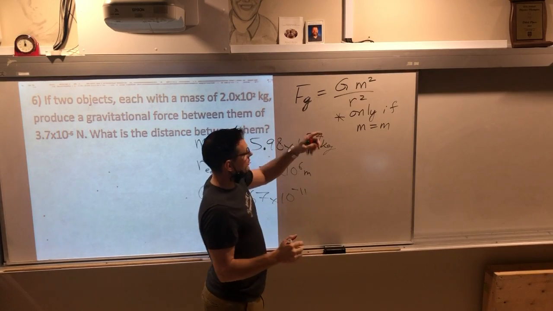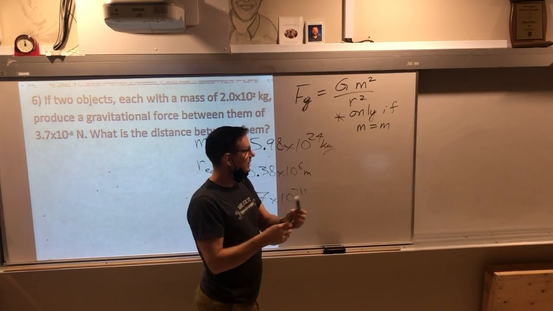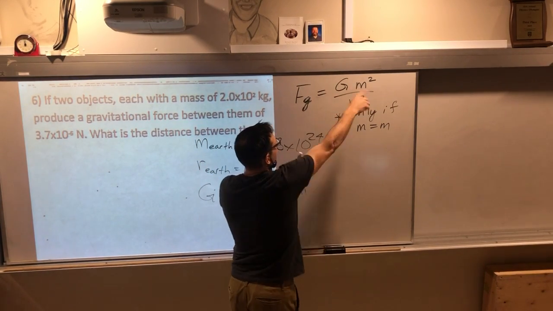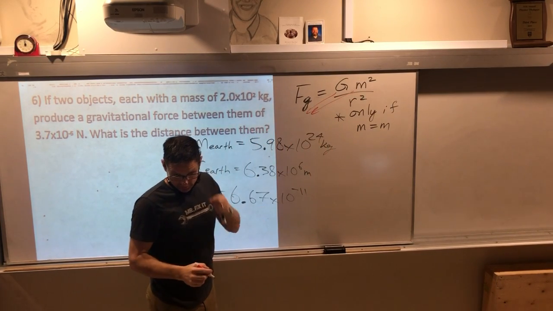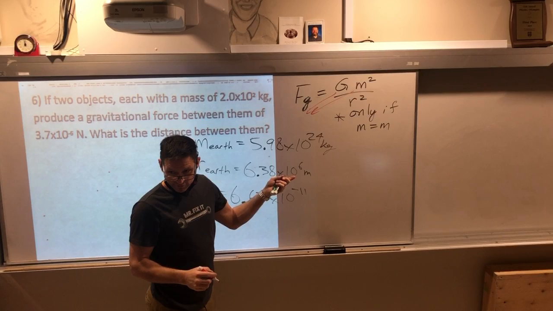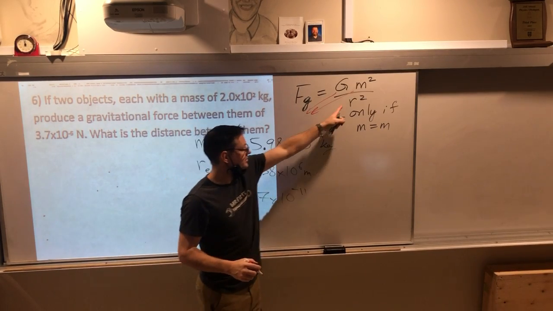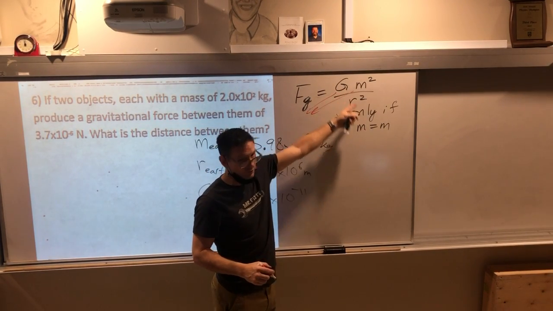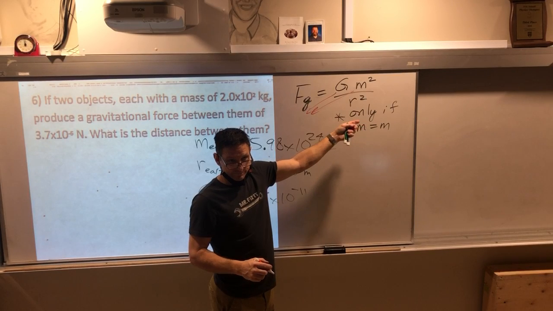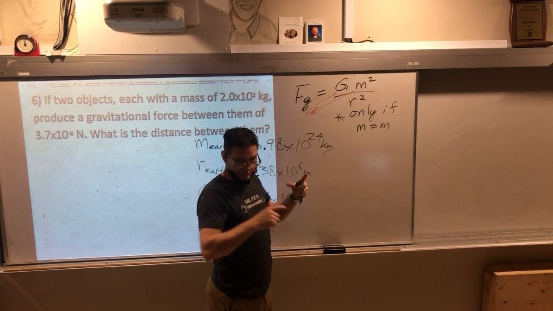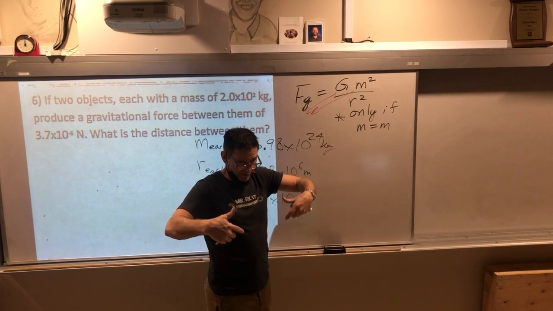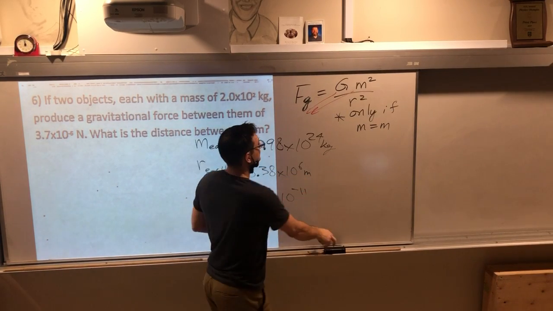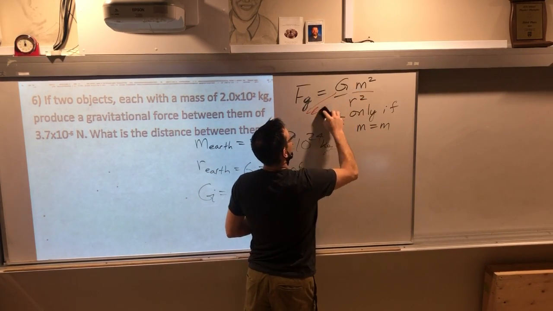What you want to do, your intuition says, well, we got to solve for R, so let's get rid of the G and the M and put them both down here. Well, what's that going to give you? R on the bottom, so that's going to give you 1 over R squared. You can do that, but then you have to flip the whole thing, both sides. Or, the way my brain works, I would say R equals.